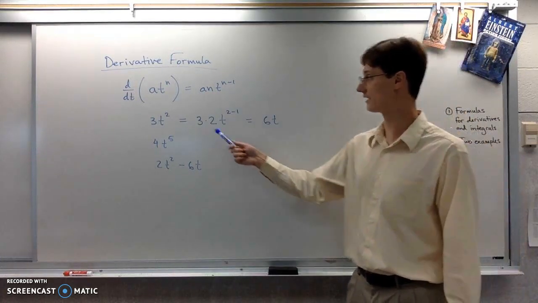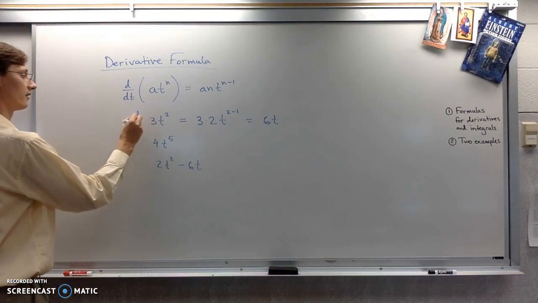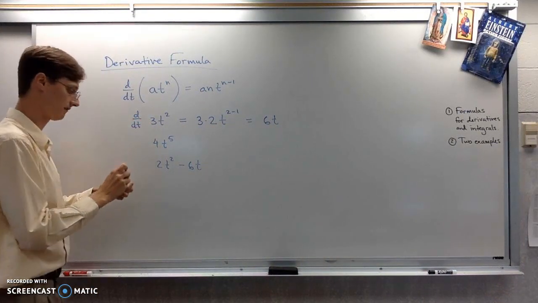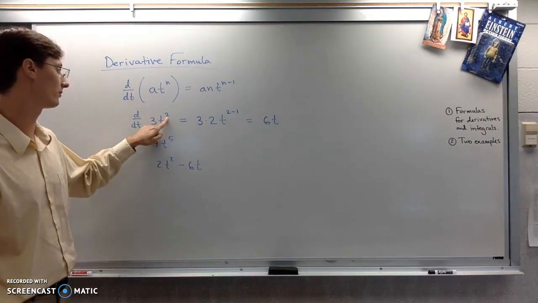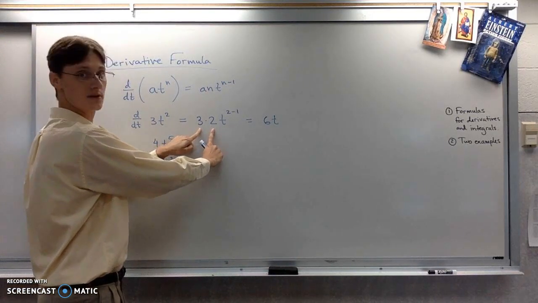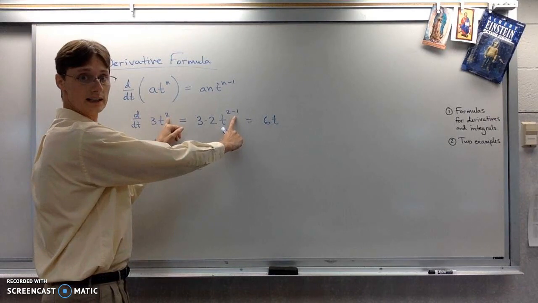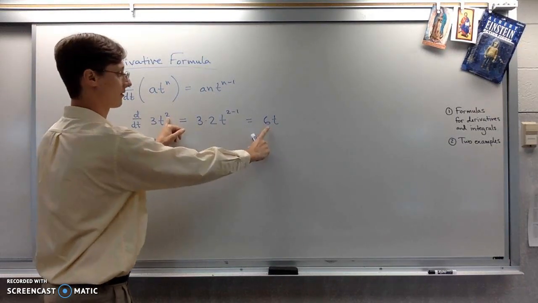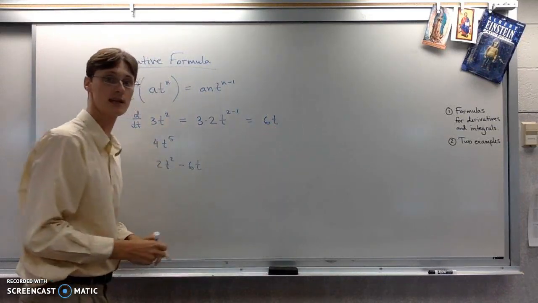So as you can see then, if we take the derivative of something like 3t squared, a is 3, n is 2, so a n is 3 times 2, which is 6. And the new exponent is 1 less than the original, and so therefore the derivative of 3t squared is 6t.